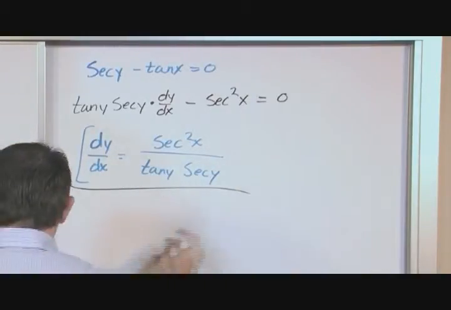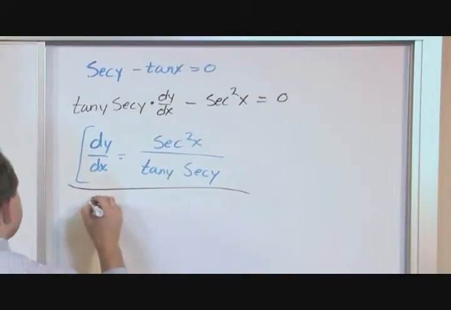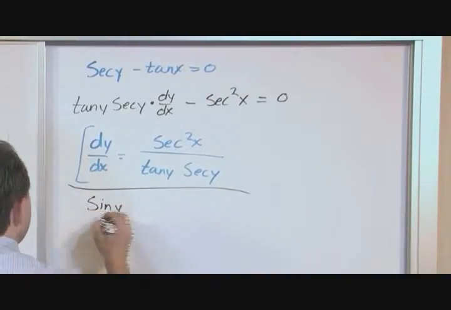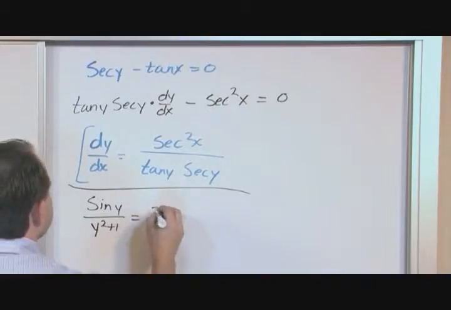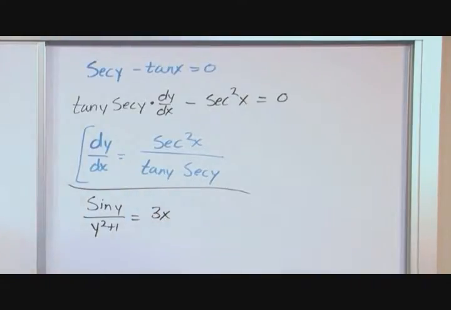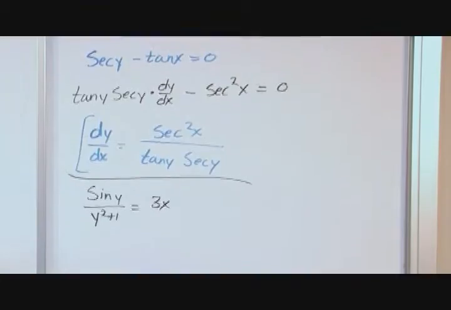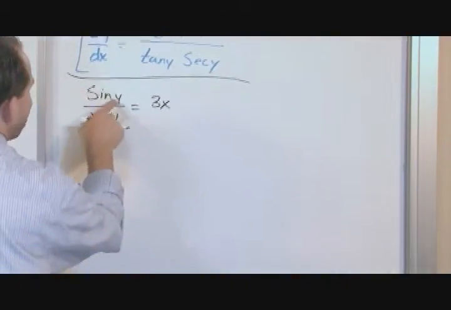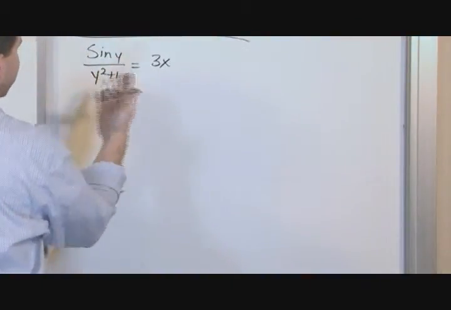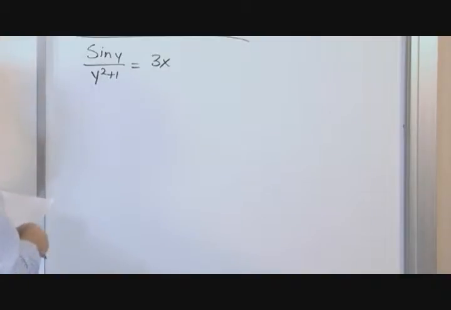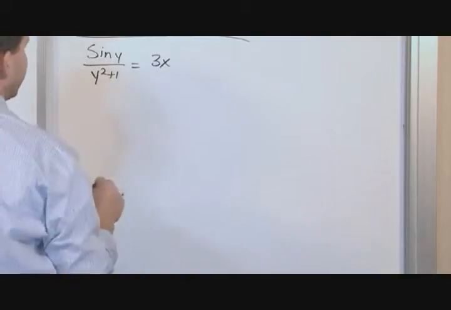Okay? Now let's say we have the function sine of y over y squared plus 1 equals 3x. So again, you can't really solve for y here. You've got sine of y, and then you have y squared plus 1. It's just impossible to really solve for that very easily. So we're going to take the derivative of both sides.